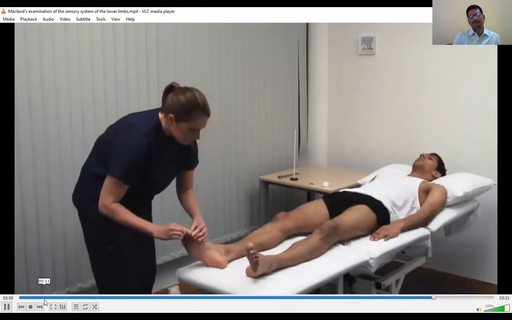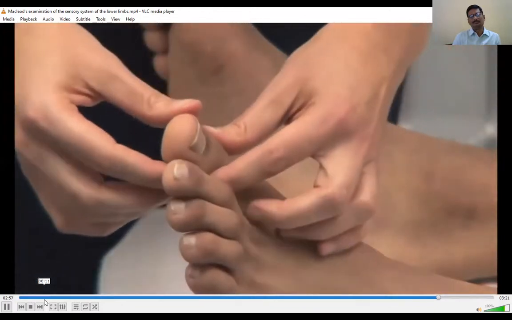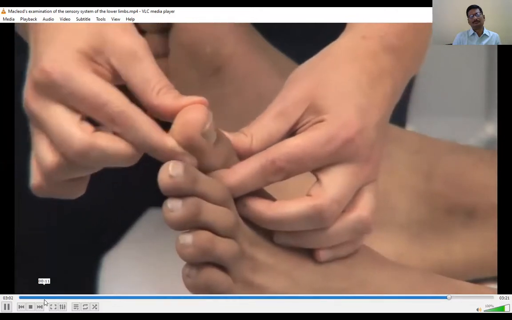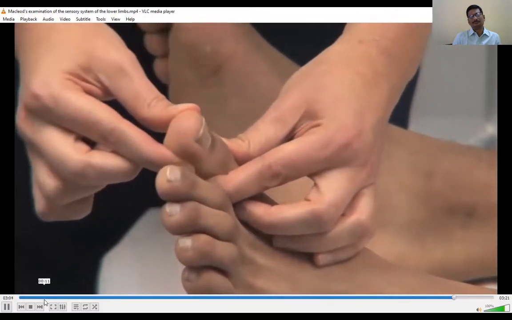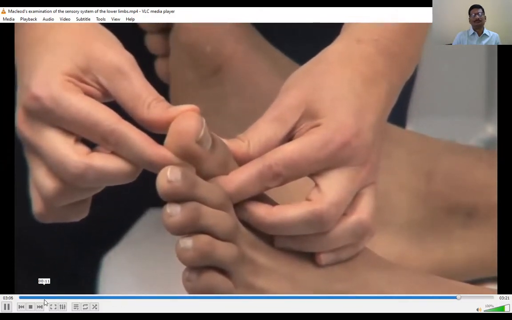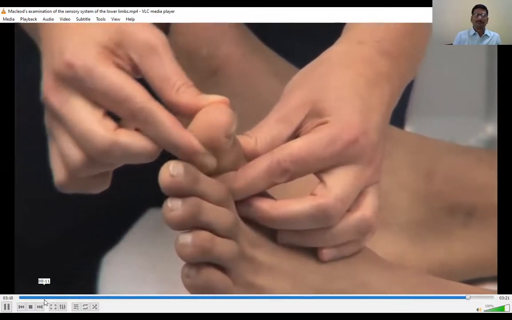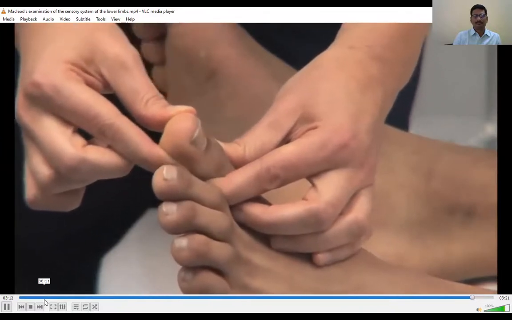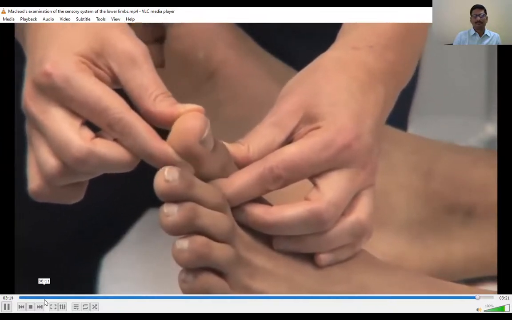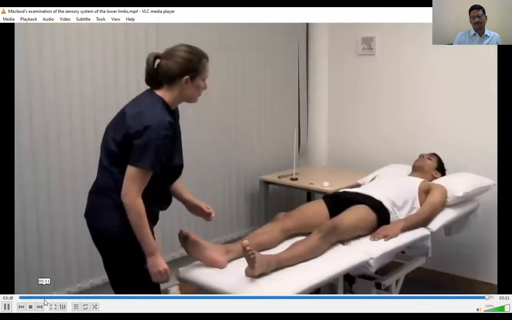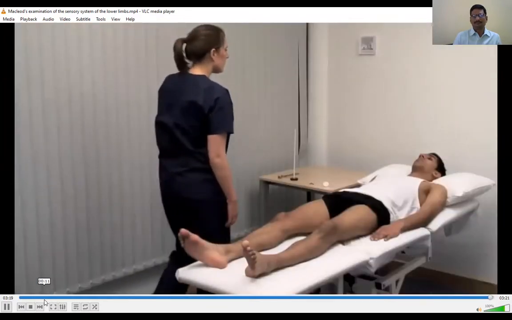Down. Please could you look at your toe? This is up and this is down. Please place your head back down and look at the ceiling and tell me which way I'm moving your toe. Up. Up. Down. Thank you.